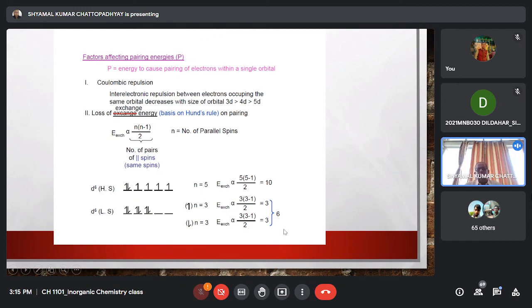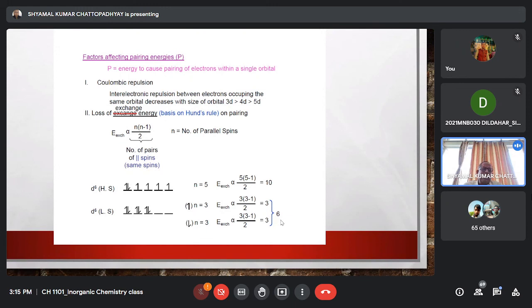Now I have told you, as the number of exchanges increases, according to quantum mechanics, more energy is released. So when you go from the high spin to low spin configuration, in case of d6 like this, we find the number of possible exchanges decreases and this leads to decrease in stability of the system. So loss of exchange leads to loss of stability. So pairing energy has two components.